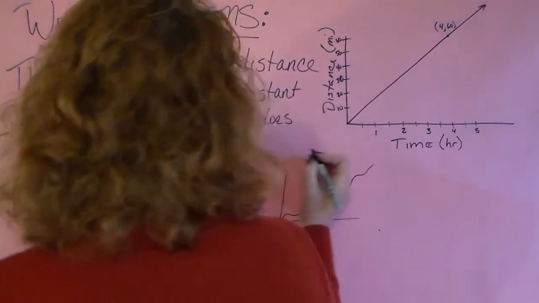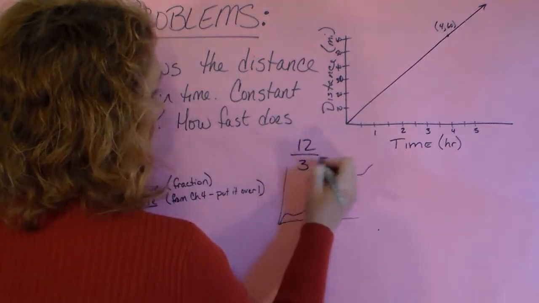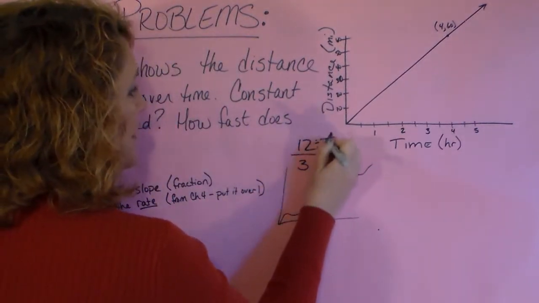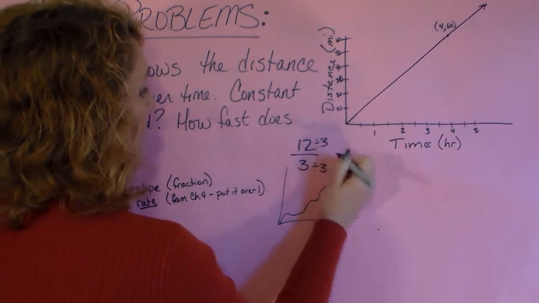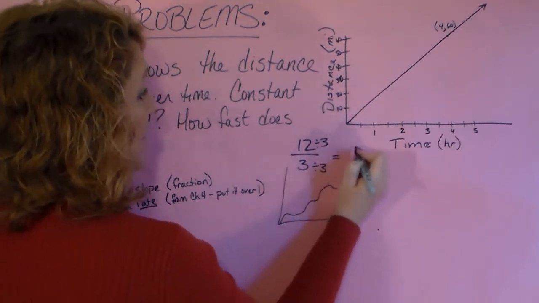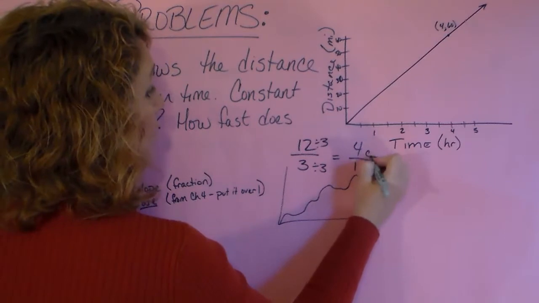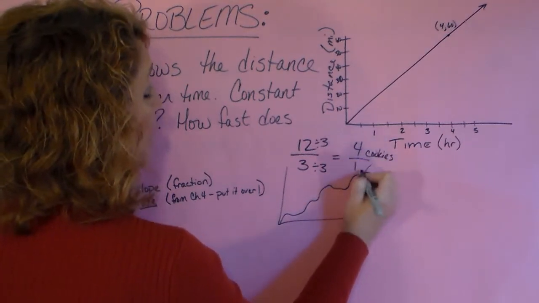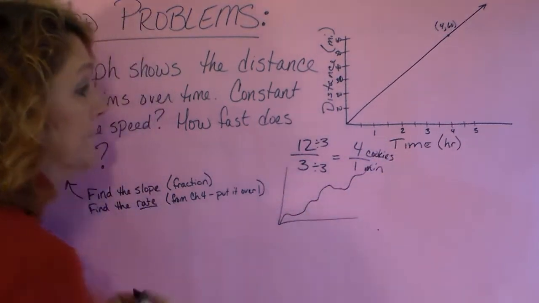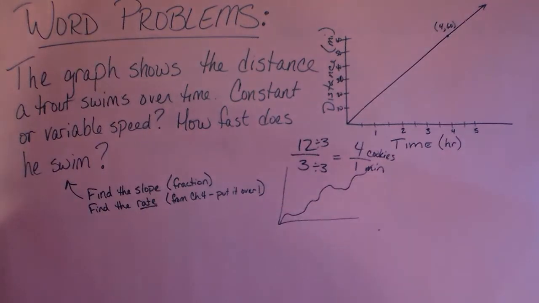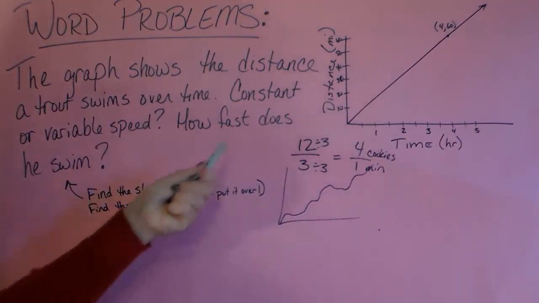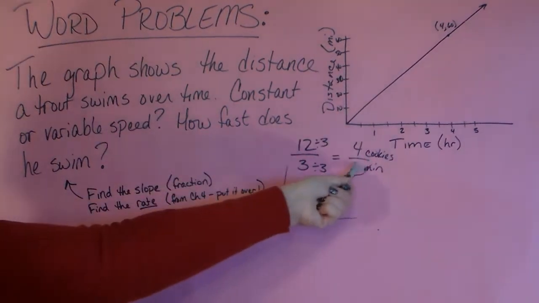So if you end up with a fraction 12 over 3, you want the denominator to be a 1. So you're going to divide the top and the bottom by the denominator so that you can get 4 cookies per minute. Okay? So our rate is going to be, find the slope and put it over 1.